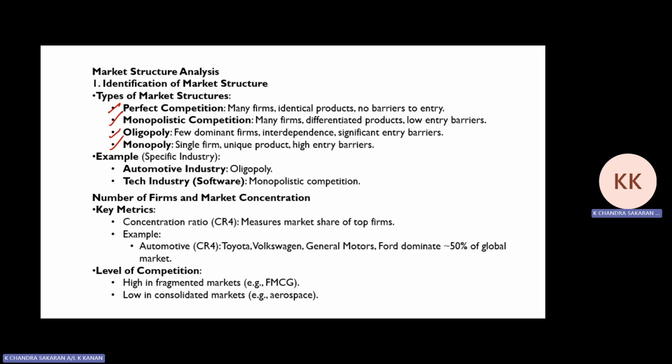Then you describe according to that particular market structure. If the industry you have chosen shows many small firms producing not the same product but similar, differentiated products, like what? Consumer products, cosmetics, soft drinks, the hotel industry. There are so many hotels, small and big, but they are not the same.